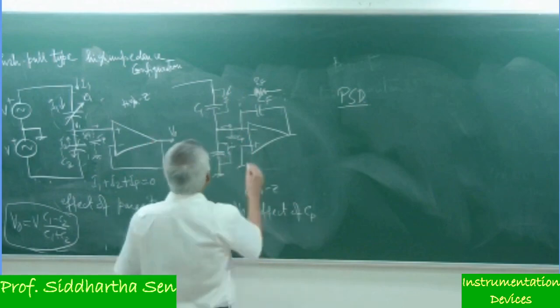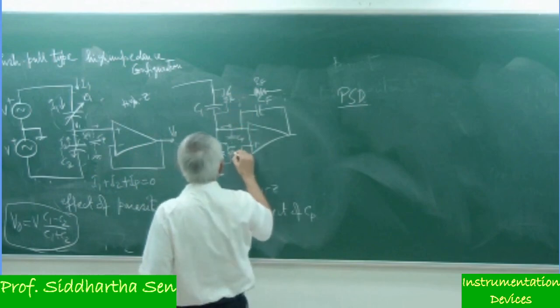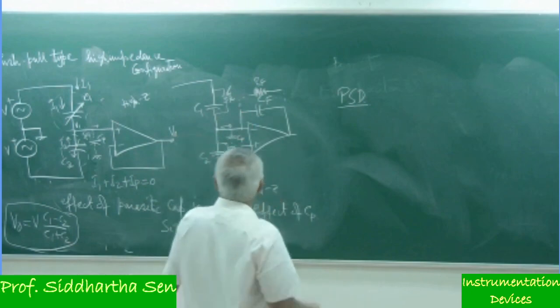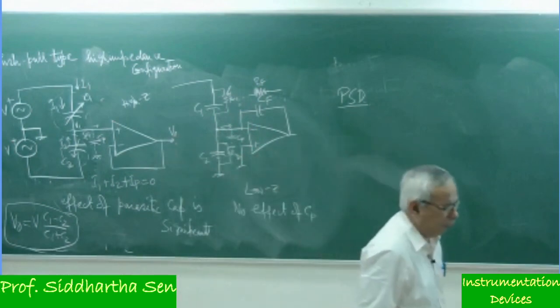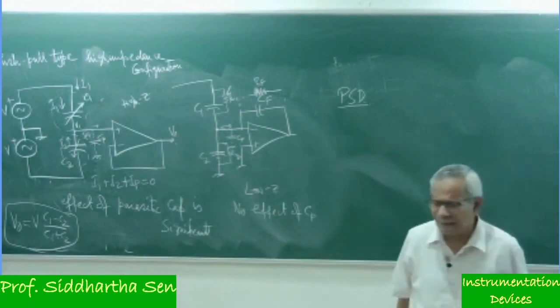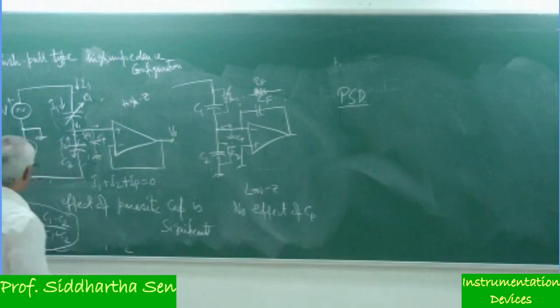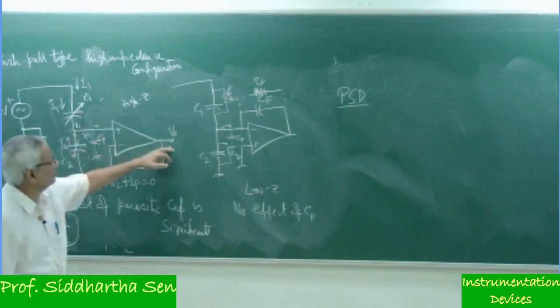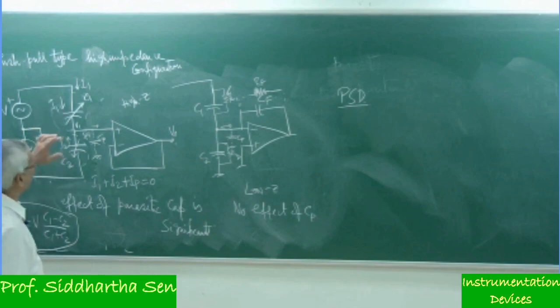Suppose it is RL, maybe RL1, RL2. Then, because of the current flowing through the capacitance, if we consider the ideal capacitance, V0 and V are in phase.